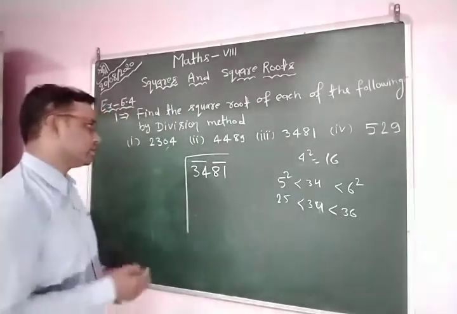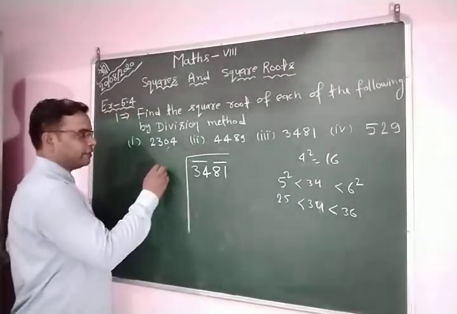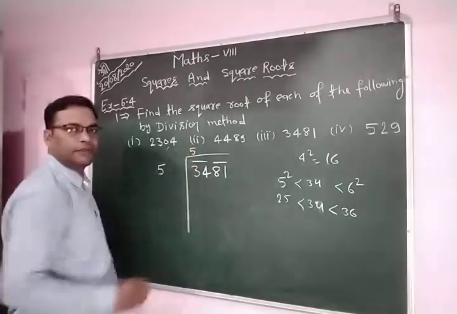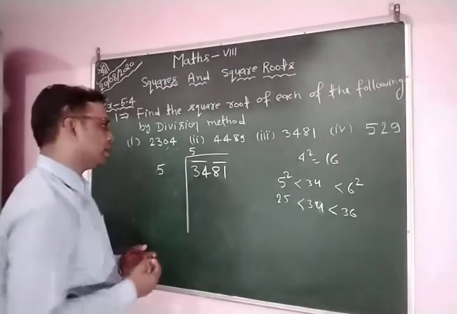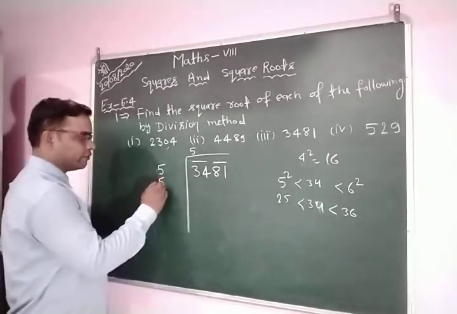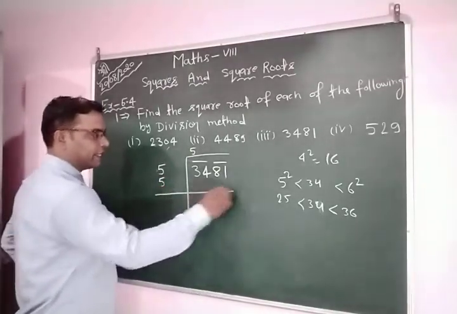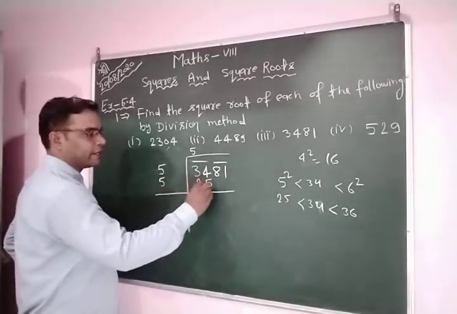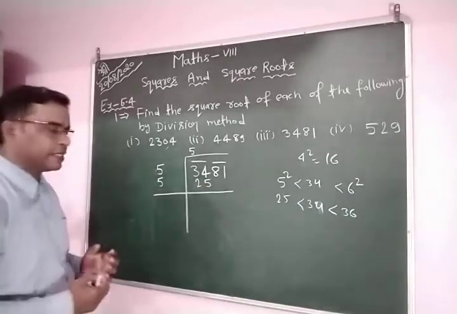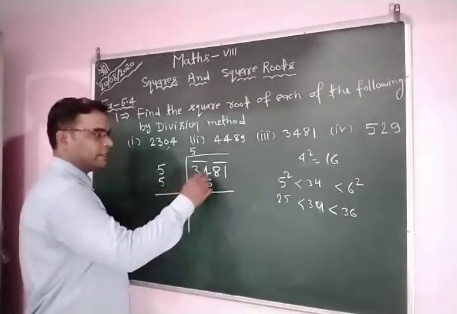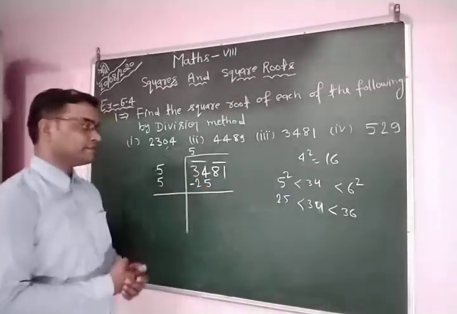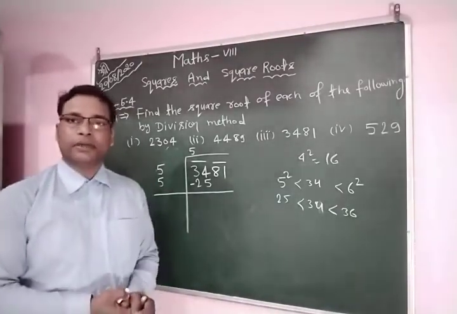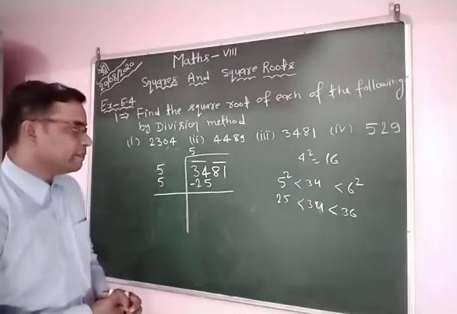So we select this number because we select the number whose square is less than or equal to 34. So write here 5, and again we write this 5 in the place of quotient. Again we write here 5, and multiply 5 by 5. This is equal to 25. After this we subtract and we get the remainder. If we subtract 25 from 34, then we obtain 9.